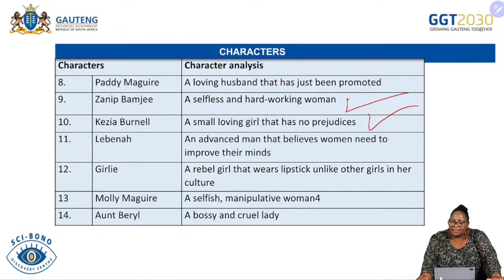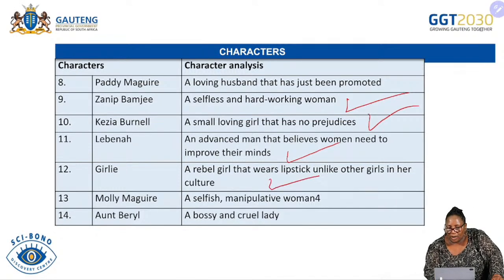Levina, an advanced man that believes women need to improve their minds. From which story? From The Village People. Geli, a rebel that wears lipstick, unlike other girls in her culture. From which story? Yes, that very one.